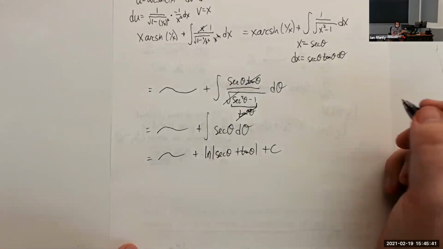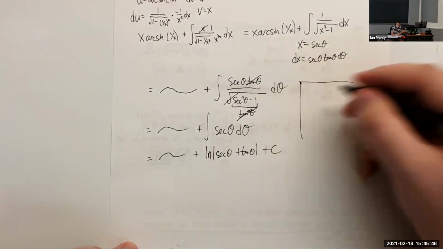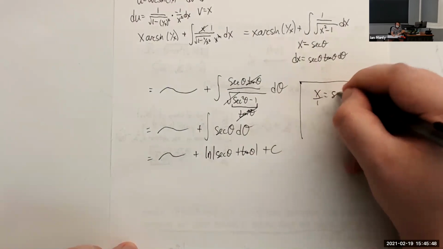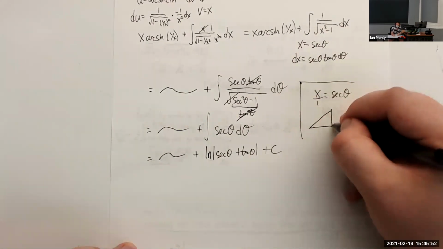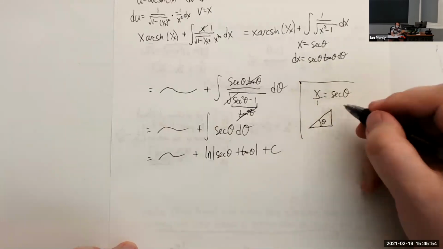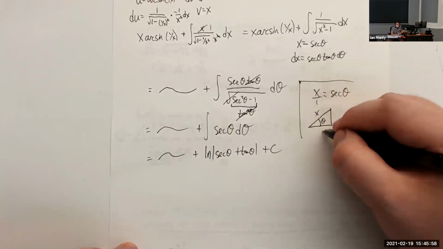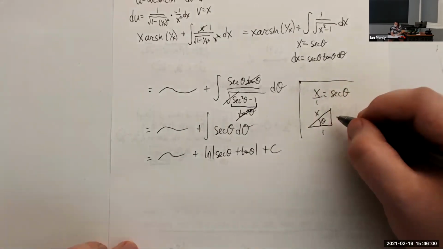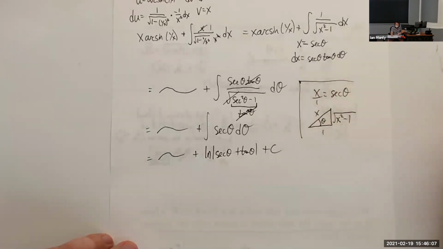All right, so now we need to use our triangle to convert things back. So let's do that over here maybe. X over 1 is secant of theta. So we have secant of theta is going to be hypotenuse over adjacent. So if we use the Pythagorean theorem to finish this off, we have root x squared minus 1 right here.